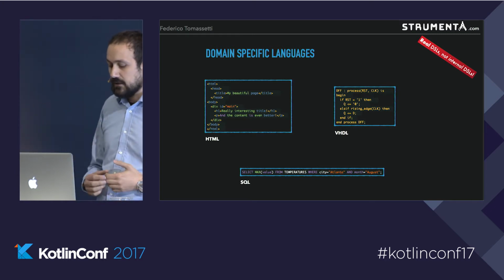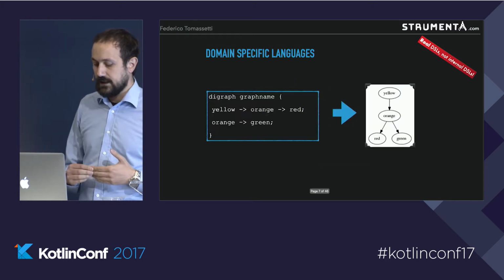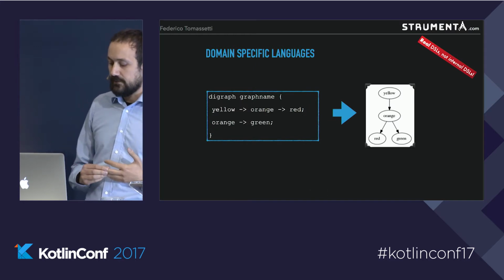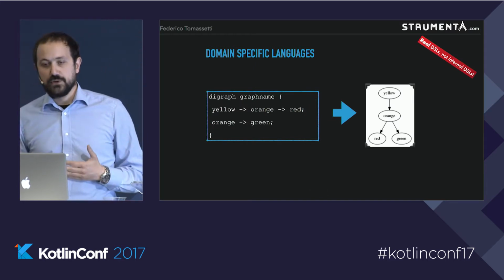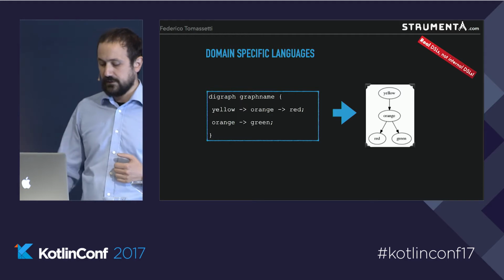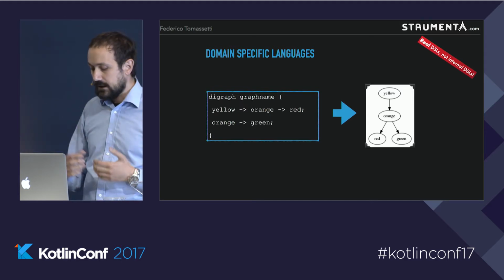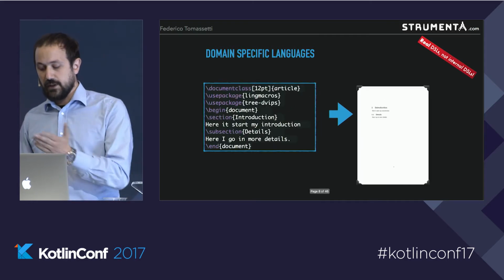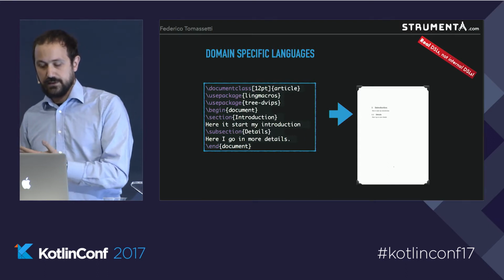And there are many of those DSLs, like dot, that I can use to describe a graph, and the compiler will produce for me an image resulting from this graph. Or LaTeX, that, again, I can use to describe a document and obtain a document as a result.